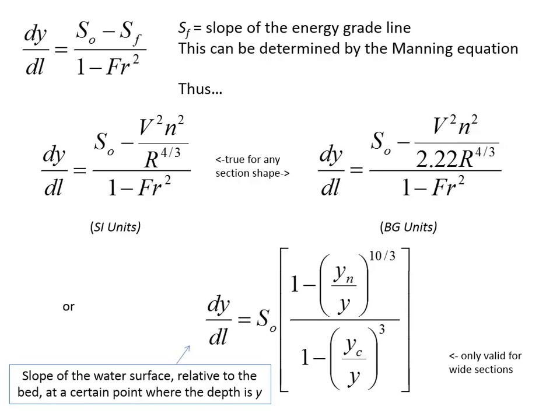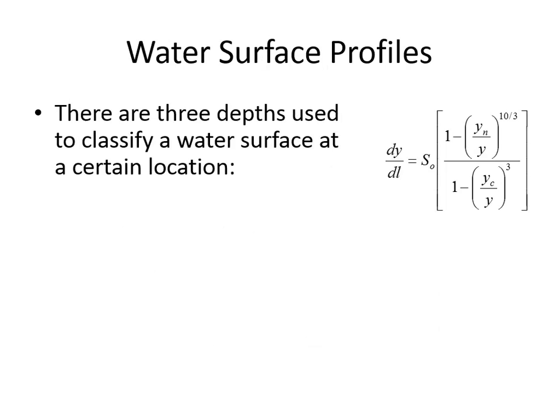But that doesn't have to be the case. It could be any combination of depths. It could be that the critical depth is deeper than the normal depth. It could be that the flow depth is in zone 1, 2, or 3. A really important thing to look at, for a problem, is where the flow depth is compared to the critical and the normal, and that can sometimes tell you what the behavior will be up and downstream. So let's take a look at some of the things there. There are 3 depths that classify the water surface profile.